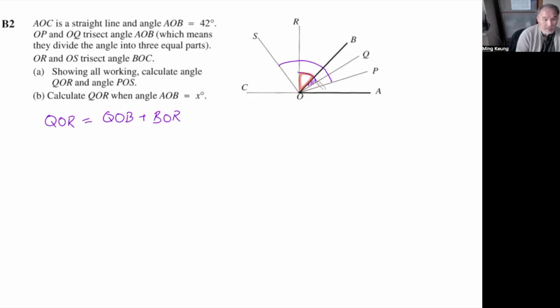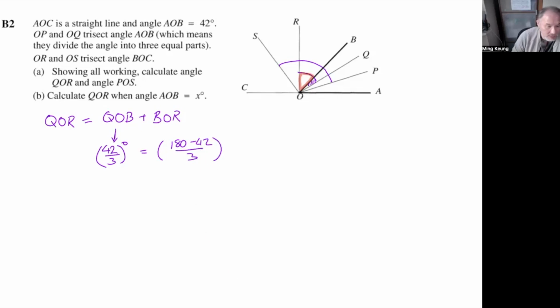Now QOB, because it trisects the angle AOB, is the easy one. AOB is 42 divided by 3, and that's the angle there. BOR is the larger part, which is 180 minus 42, divided by 3.